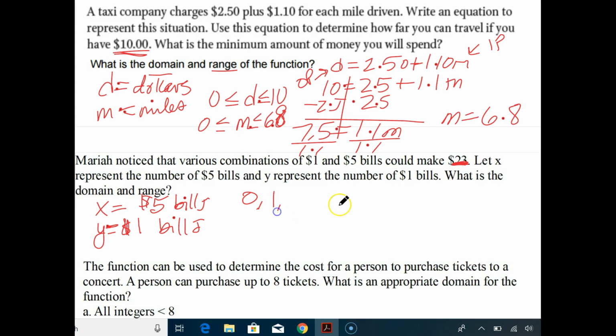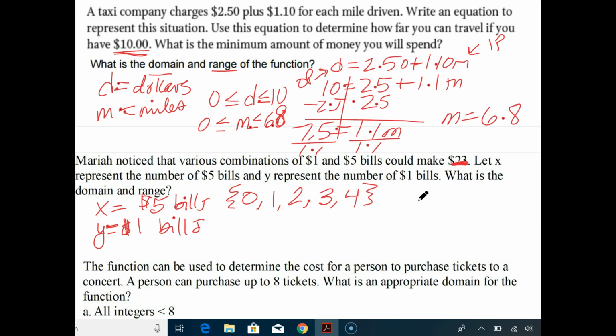Yes. Can I make it with 2? Yes. Can I make it with 3? Yes. Can I make it with 4? Yes. Can I make $23 with 5 $5 bills? No. So what is my domain? 0, 1, 2, 3, 4.